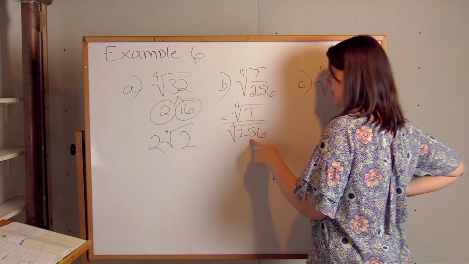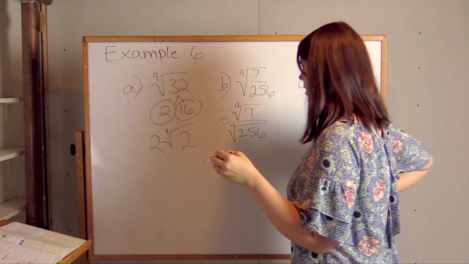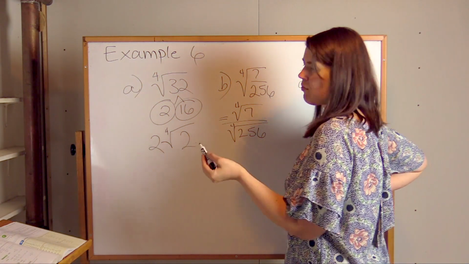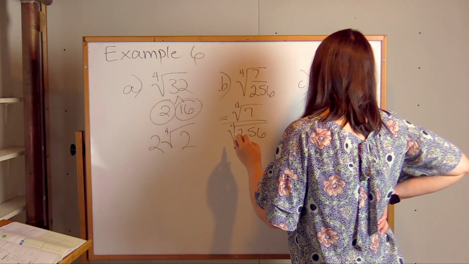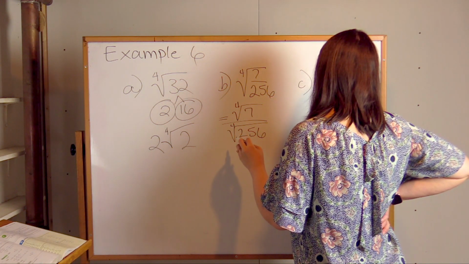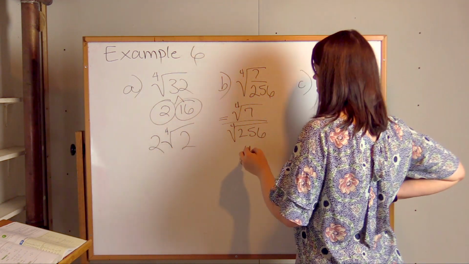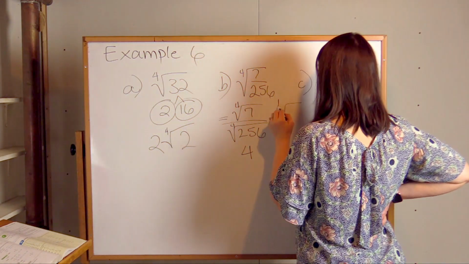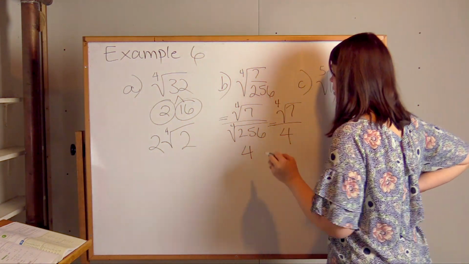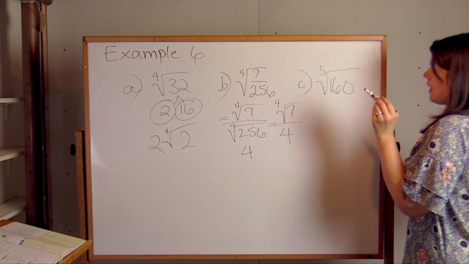But with 256, we actually did the fourth root of 256 earlier in this section, so I just happen to know that the fourth root of 256 is 4. Since this simplifies to 4, my final answer here would be the fourth root of 7 over 4.